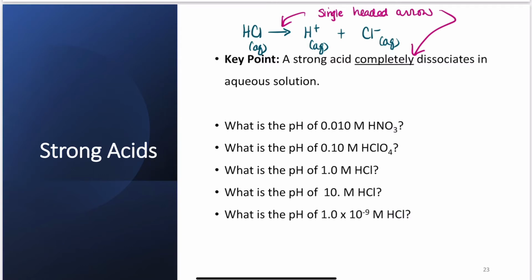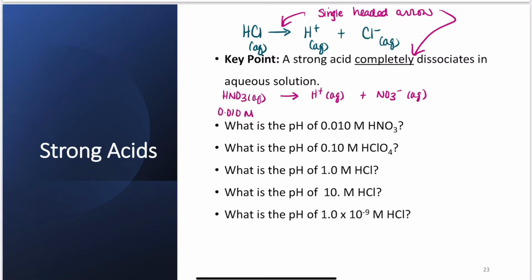Let's say I have a 0.010 molar solution of HNO3, and I want to know the pH of this solution. This dissociates into H+ ions plus NO3- ions. It's all the same solution, which means that the molarity is comparable to the moles here, so we don't even have to worry about what volume we have.